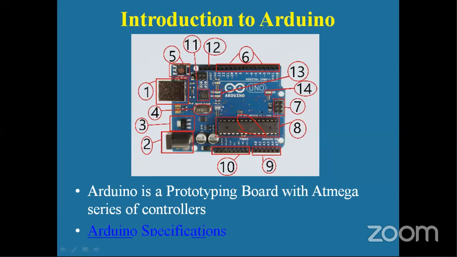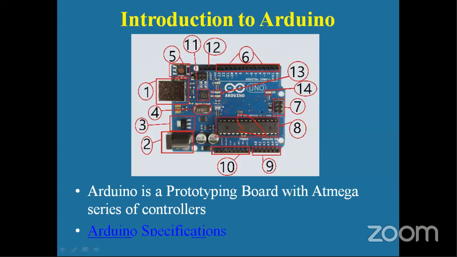A little more, then you go for Nano. If you need to connect a lot of sensors and actuators, then you go for Arduino Uno. If that is not sufficient and you need a board with a lot of GPIO pins, then you go for Arduino Mega. There are specifications available on the internet of how many GPIO pins it has.